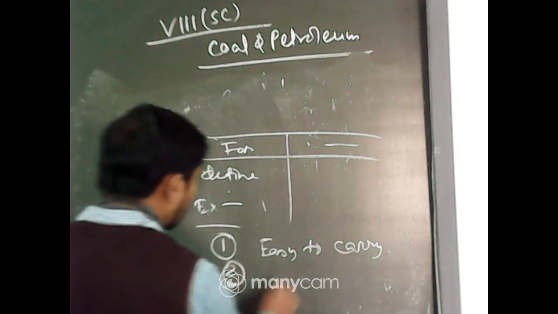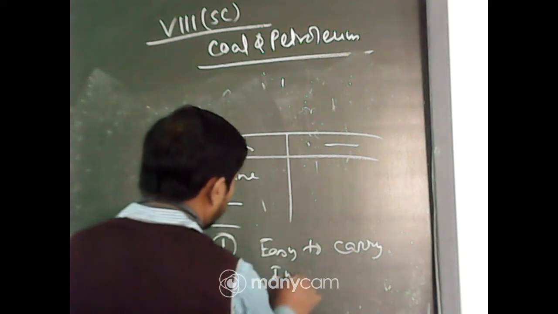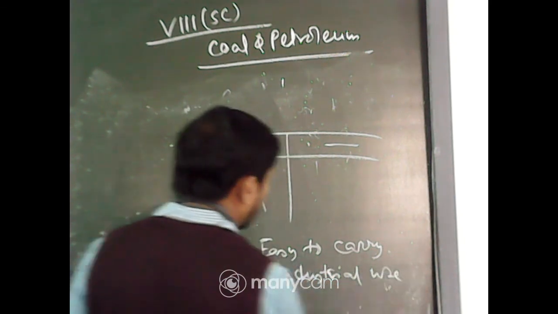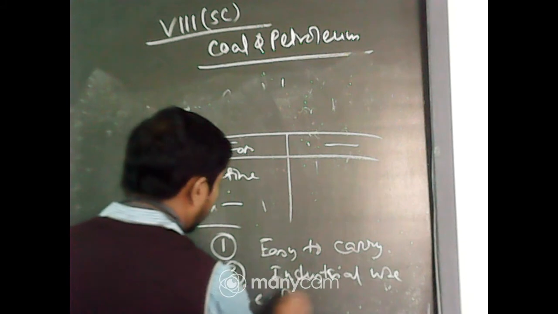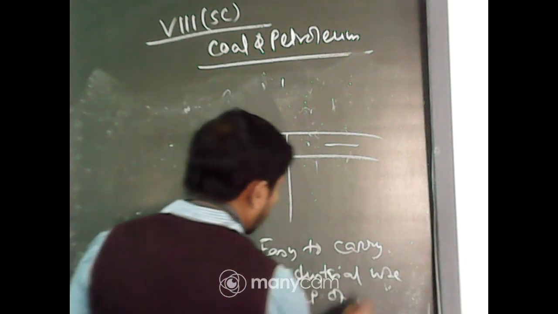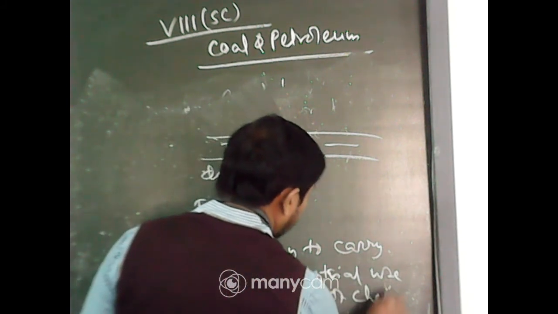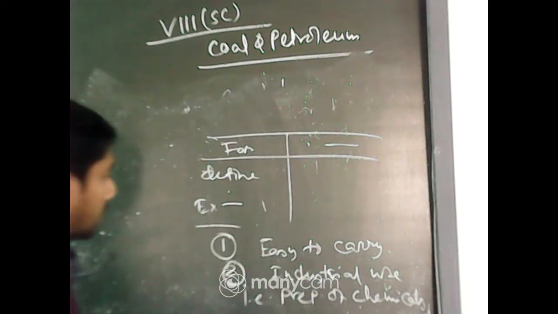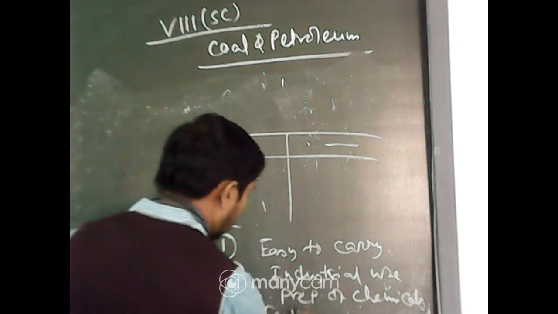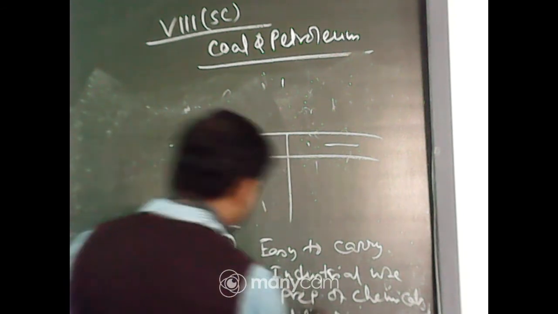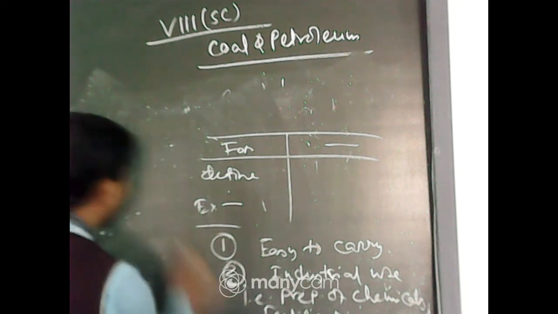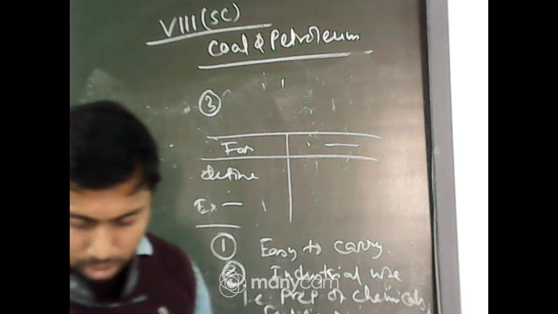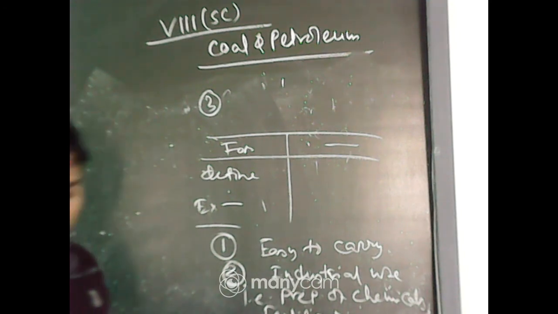Number 2 is the industrial use, that is, preparation of chemicals and fertilizers. Number 3 is that natural gas does not cause pollution and has high calorific value.